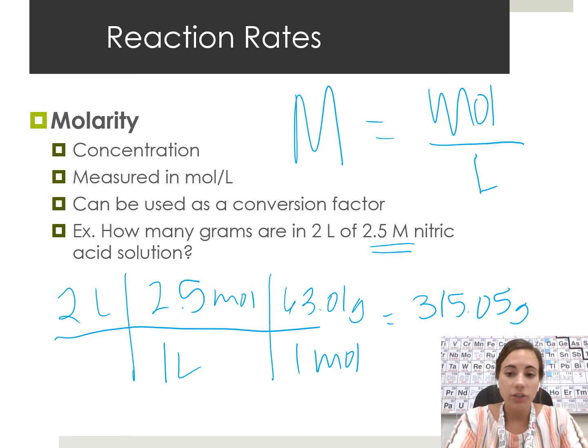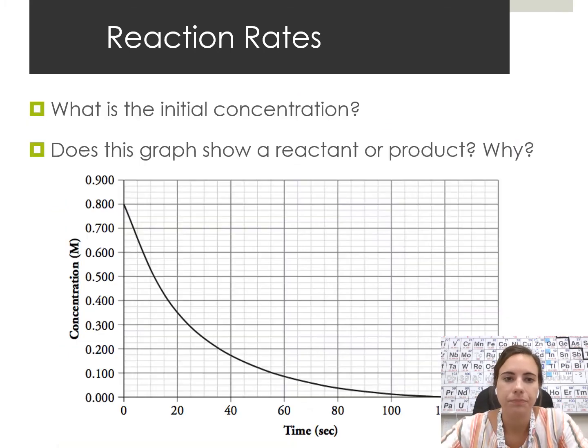So I do that to tell you that molarity is just treated like any other unit. It's moles per liter. Even though it is a per, like moles per liter, we can use molarity as a unit. Okay, so let's look at this graph.